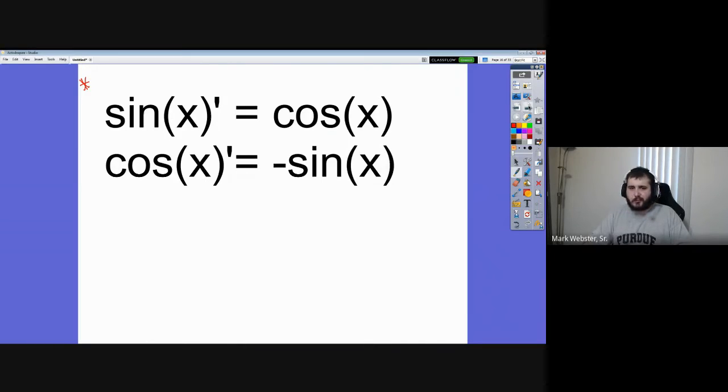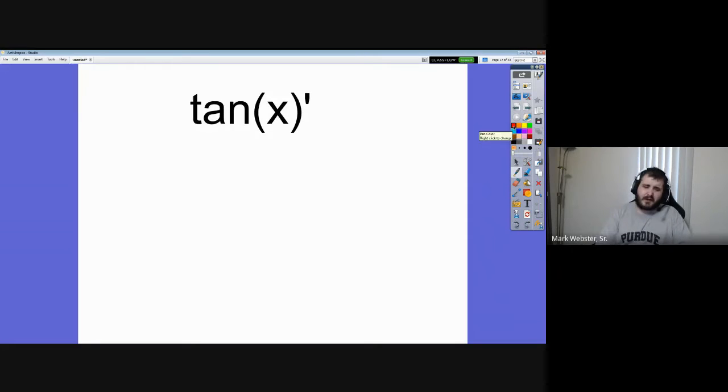Like, for example, tangent. I want to take the derivative of tangent. Well, in order to do that, what I'm really doing is taking the derivative of sine over cosine, right? Tangent is just sine divided by cosine. Since it's the derivative of a fraction, I'm going to use the quotient rule.